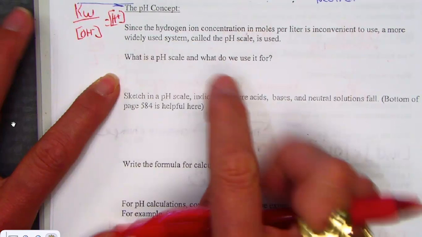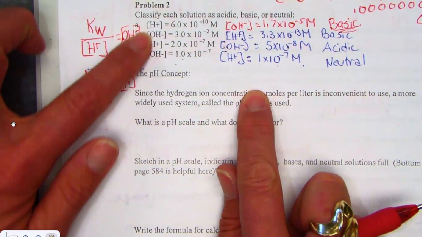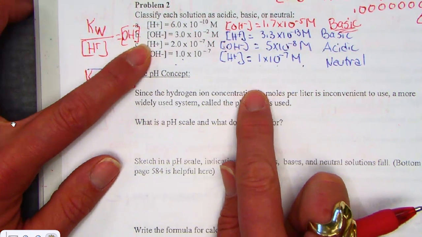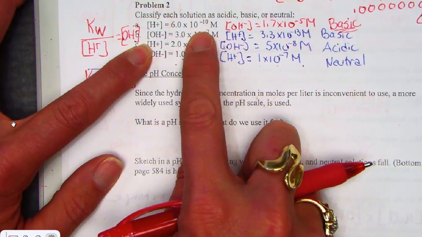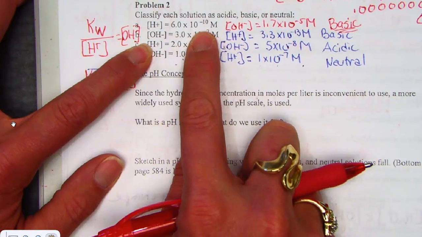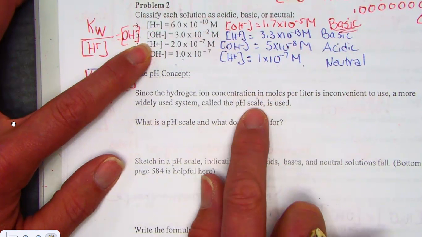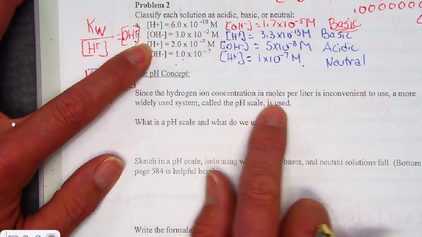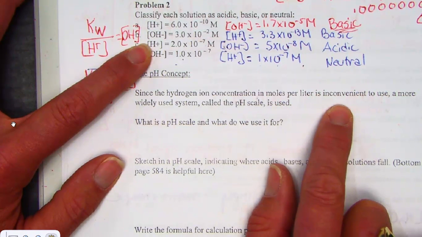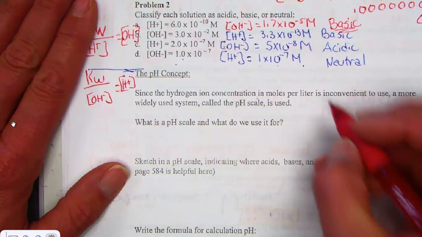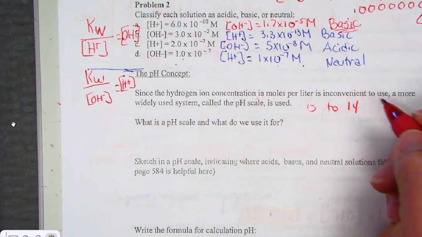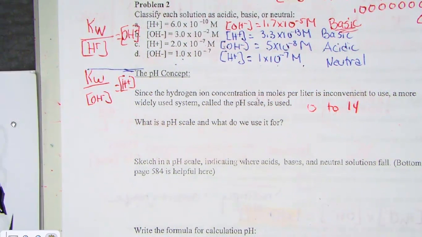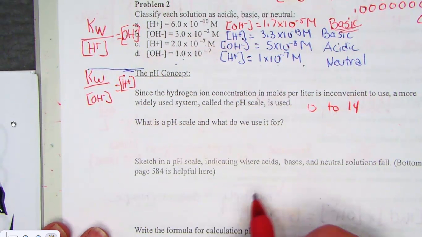What we're saying is these values that we were looking at up above, the numbers that we had written together in our previous lesson, notice how they are very, very tiny numbers, lots of decimal places. We're saying that those moles per liter, big M molar units, are inconvenient. We're going to create a numbering system that goes from 0 to 14, and just based on the number, it's going to tell us how acidic or how basic a solution is.